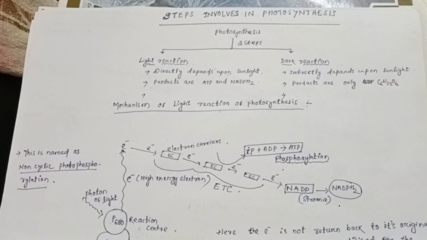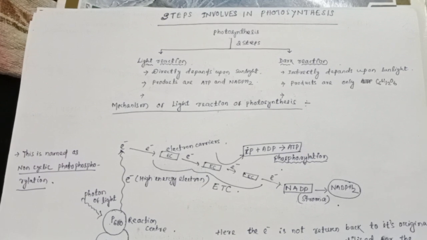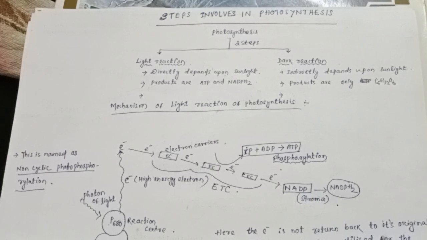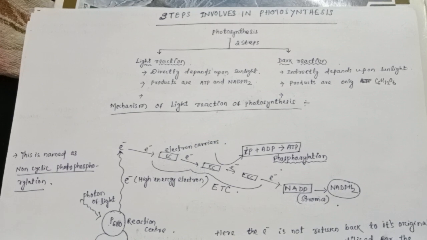And for the occurrence of these two specific steps of photosynthesis, inside the chloroplast, where the thylakoids are present, the light reaction takes place.